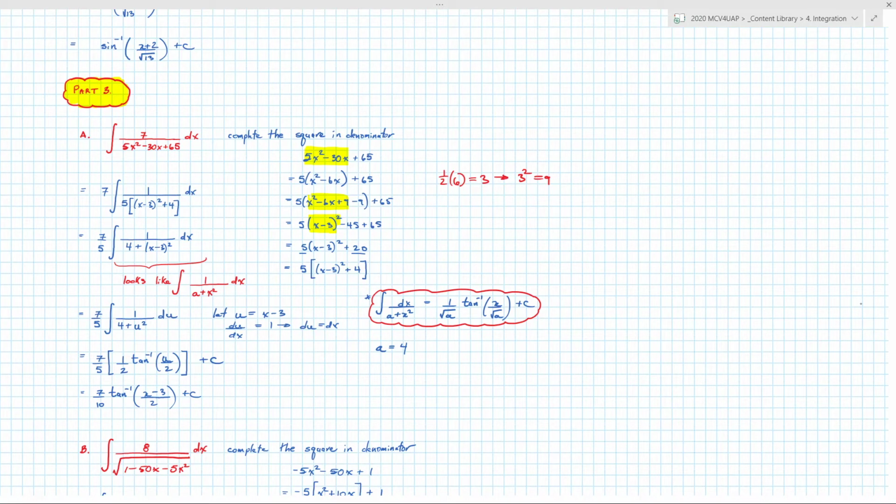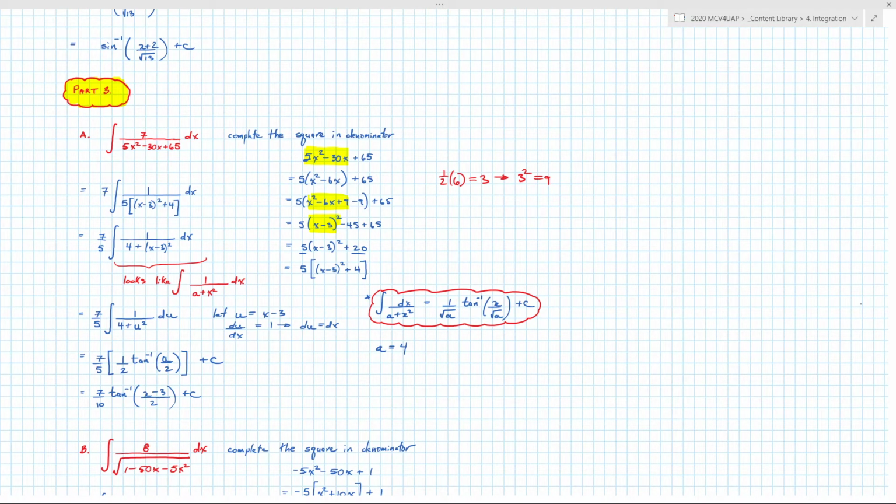The way I do that is by completing the square. And then I may, in addition to that, also have to use the substitution, which we did here. We let u equals x minus 3, which is exactly the same idea we did in the part 2 examples. And then I just use my formula there and I get an arctan or tan inverse answer.